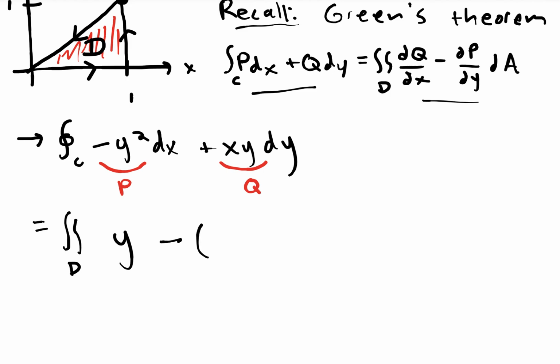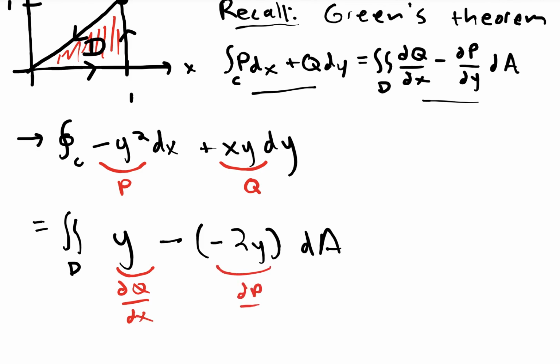Well, that's going to be minus 2y. Now, just to reiterate, here is my dQ/dx, and here is my dP/dy. So this is just me straight up applying Green's formula, or Green's theorem, right here.